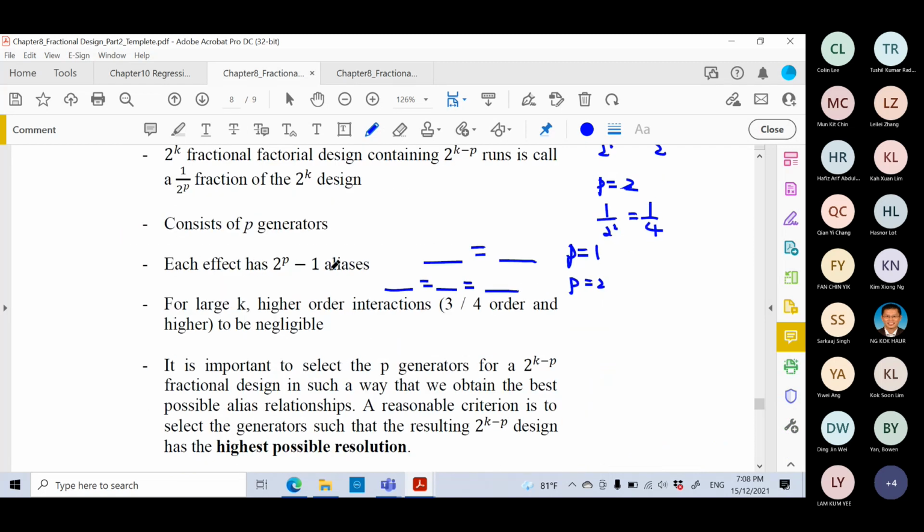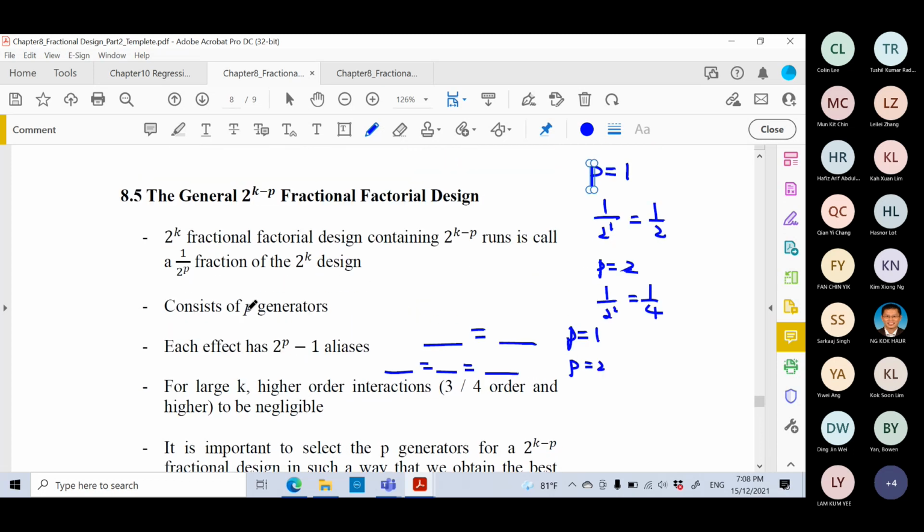So for a large k, for the fraction of them, the higher order interactions are assumed to be negligible. Okay, of course, those are the high order interactions. If you consider them as important, then the whole design you can't interpret very nicely.